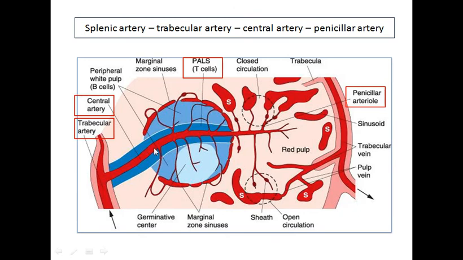PALS से ये एनशीथेड होंगे. इसको अब हम नाम दे देंगे सेंट्रल आर्टरी. Main splenic artery traveling into the trabecula, नाम हो गया trabecular artery. When the trabecular artery is leaving the trabecula, the name is central artery, ठीक है. This central artery is being invested by PALS, right.